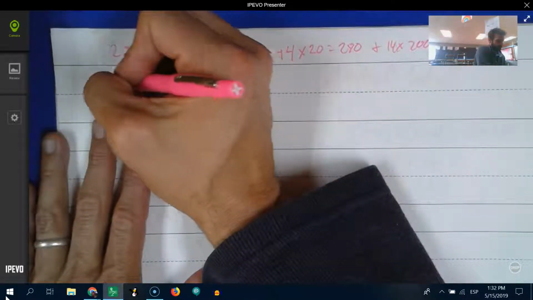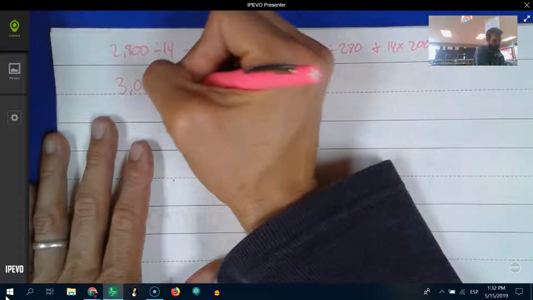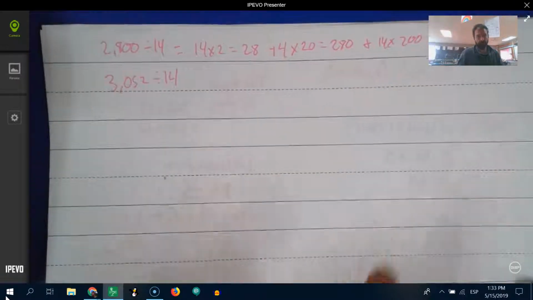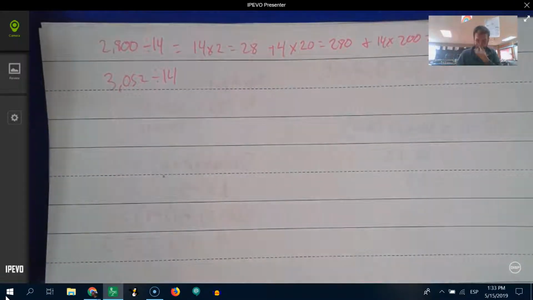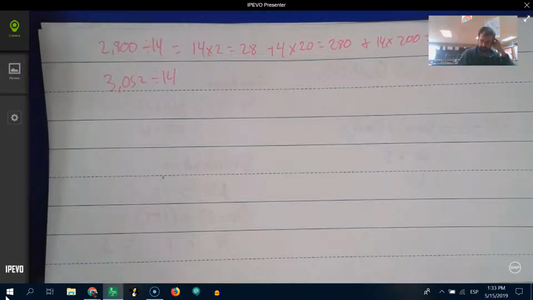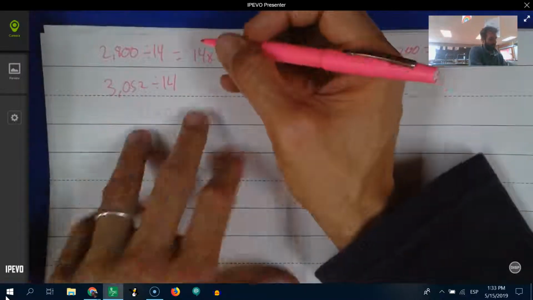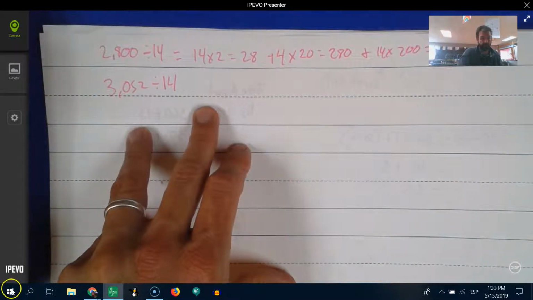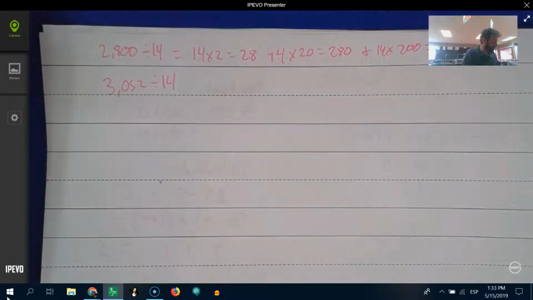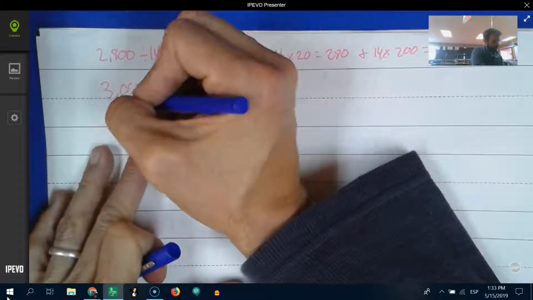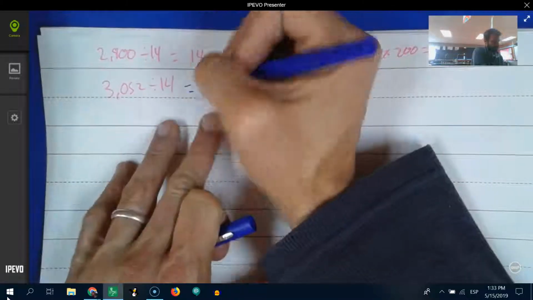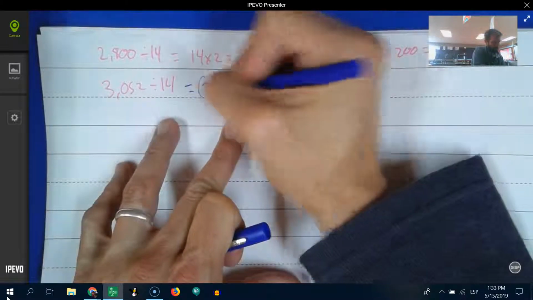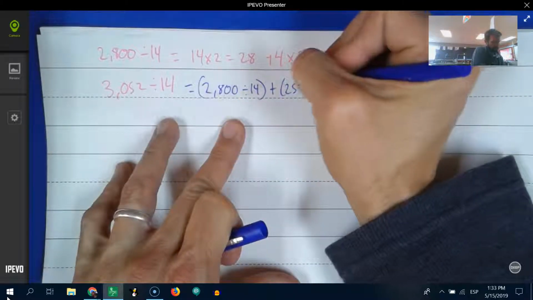Okay, what about 3,052 divided by 14? You might want to look at your other work too and pause it. One of the things that we were hoping you would find there is that you can take 3,052 and break that down into 2,800 plus 252.